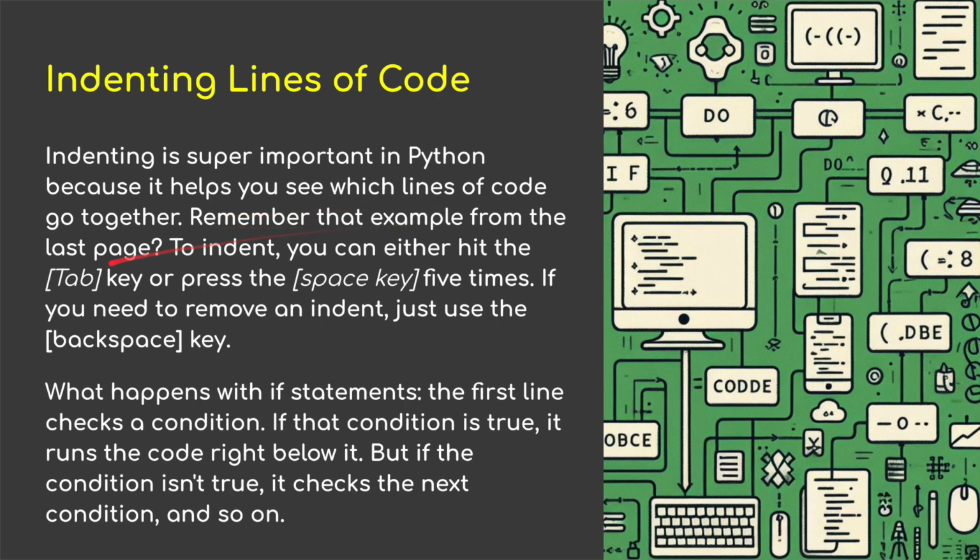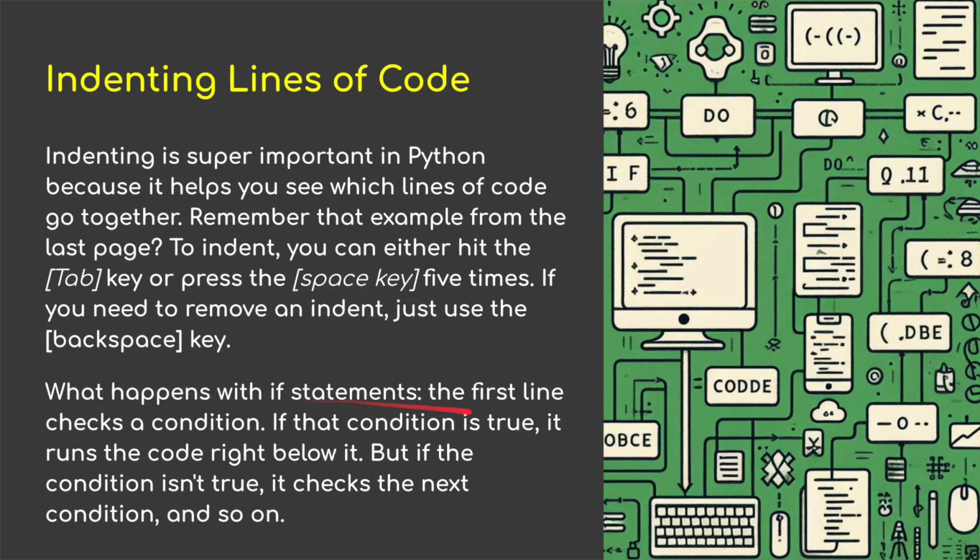Remember that example from the last page I showed you. To indent, you can either hit the tab key or press the space key 5 times. If you need to remove an indent, just use the backspace key. Now in Python, if you've done an if statement, when you press return, it should indent automatically. And I'll show you that when we get into Python.